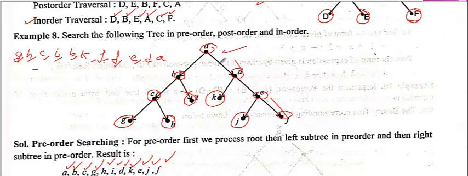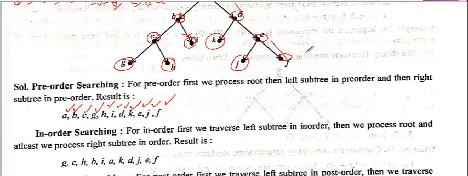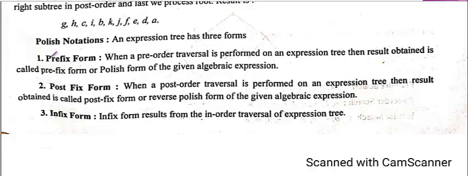So I hope you understand how you will visit. There are three methods: one is the pre-order, another is the in order, and the post order. Okay. So next we are going to discuss another very important notation that is known as the Polish notation. An expression tree has three forms.